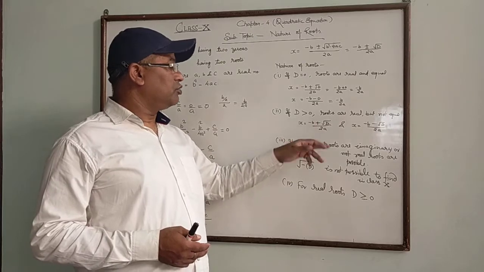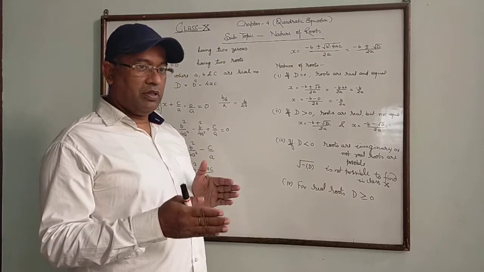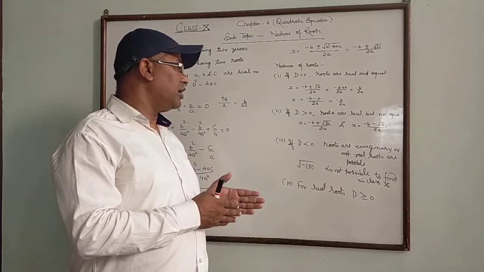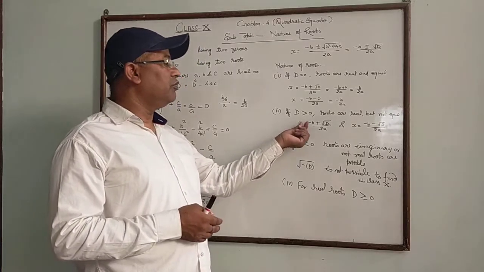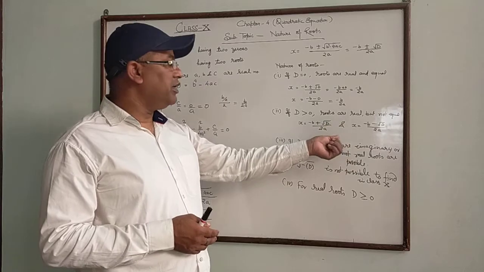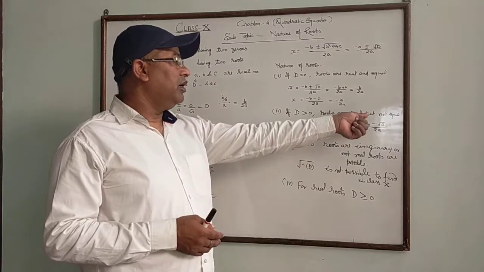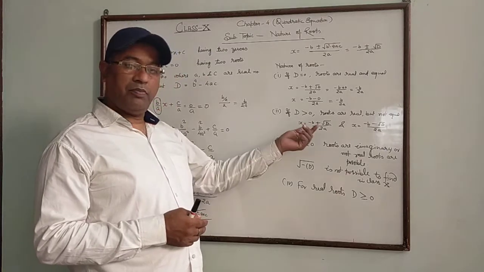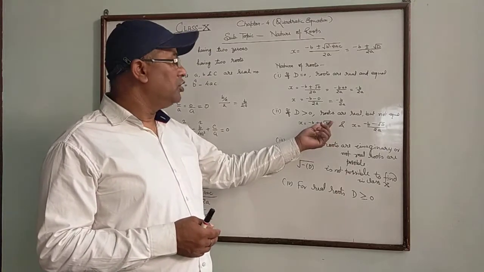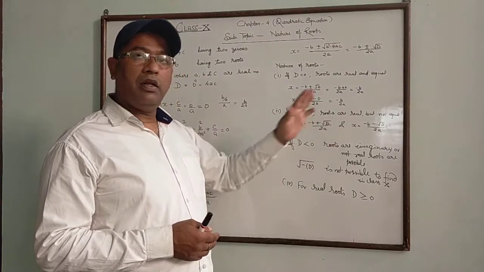Any real number added to or subtracted from any real number gives a different value. So these two values of x are different, therefore roots are not equal, and because it is in the form of a, b, c, it is a real number.